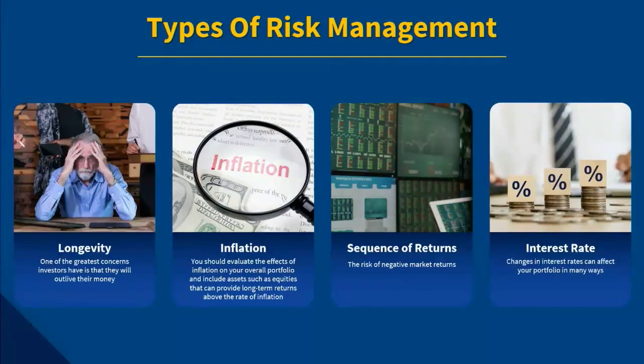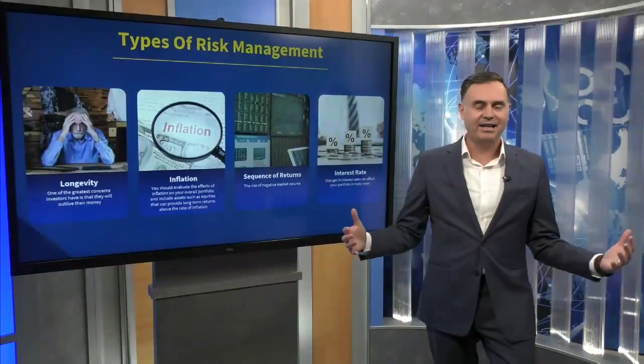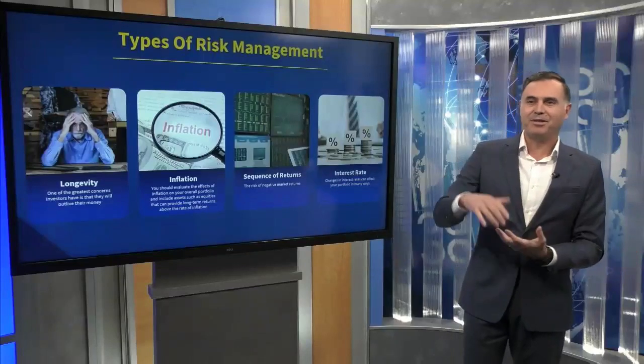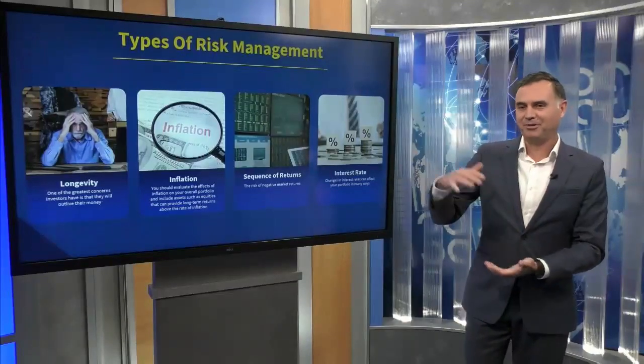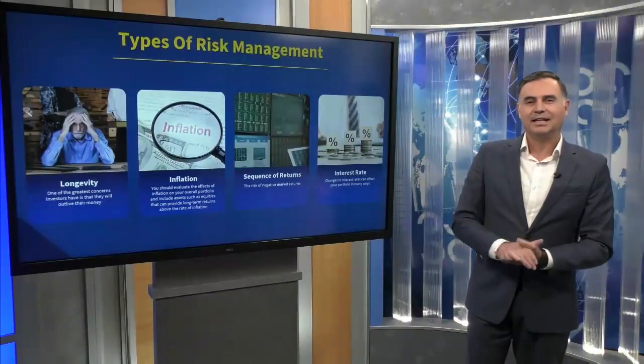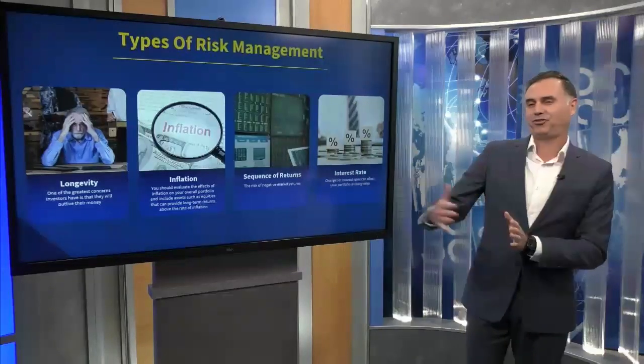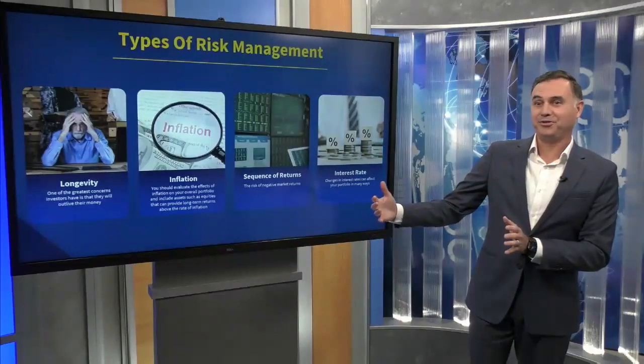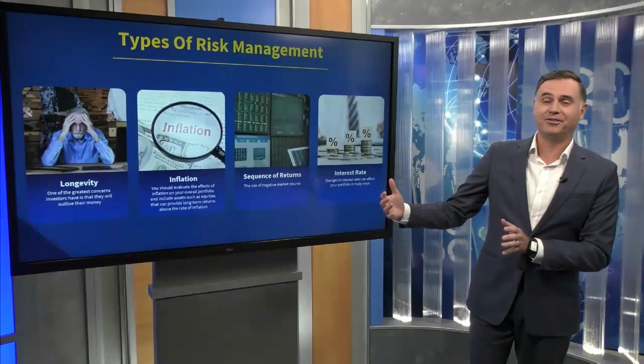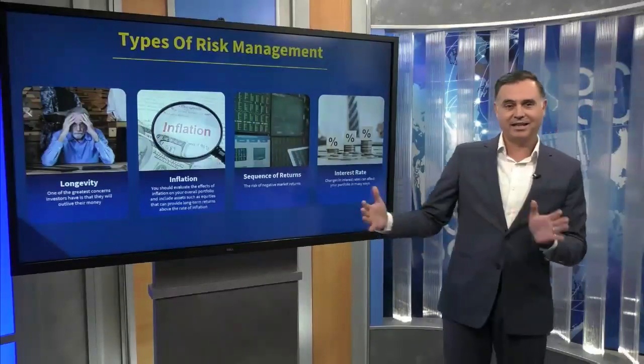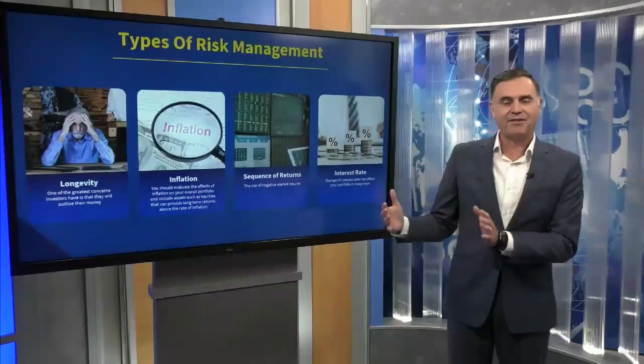So longevity risk is something we have to understand. A lot of times when we do planning, we push it out as far as we can, age 95, even though the average life expectancy might be 76 or 77. I want to make sure that if you do live a long, healthy life beyond your personal life expectancy, you're going to have coverage there.